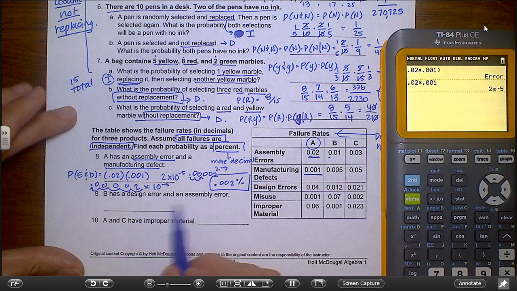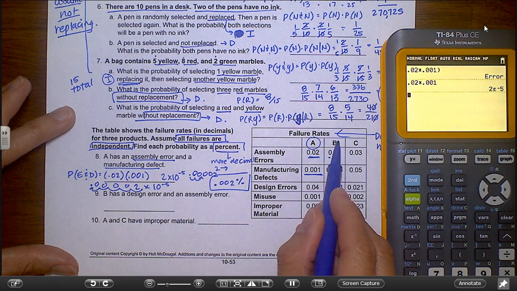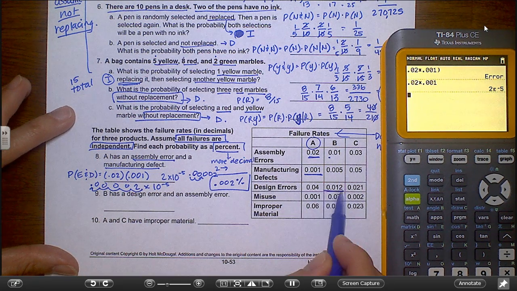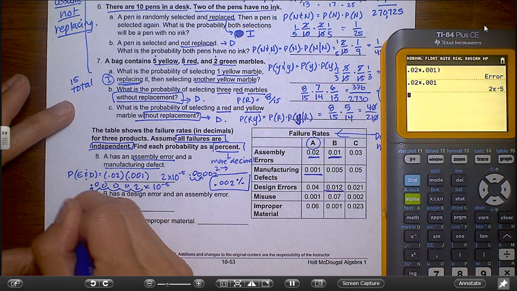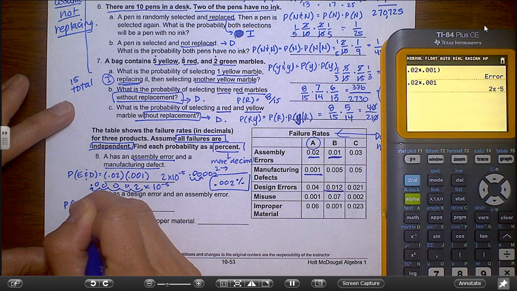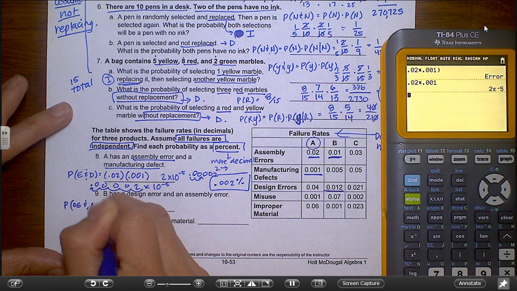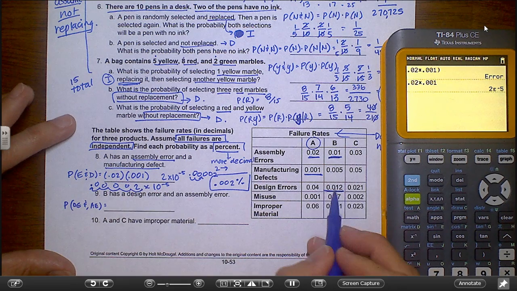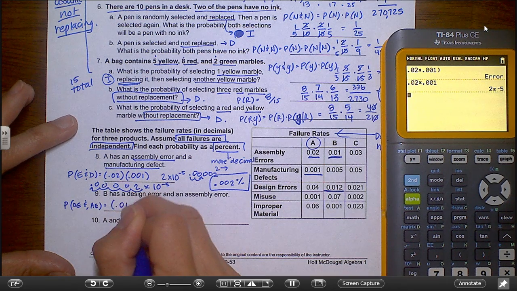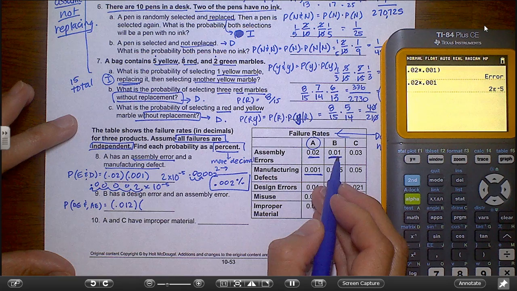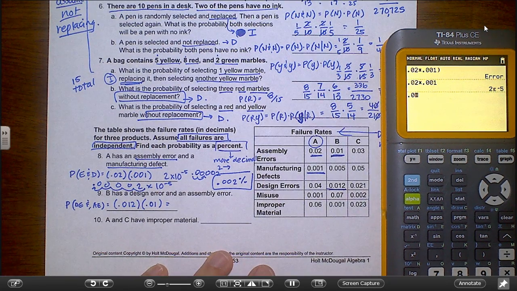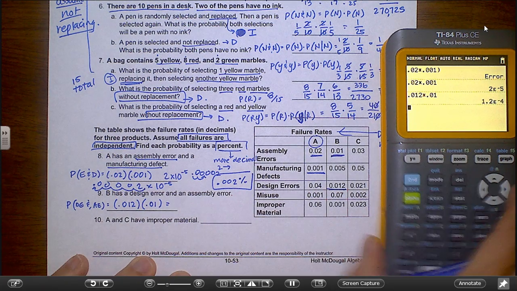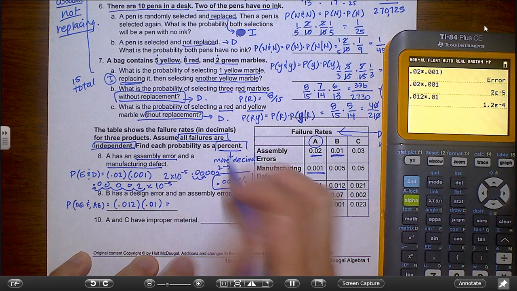B has a design error and an assembly error. So P of design error and assembly error. Design error is 0.012 and then assembly error is 0.01. So 0.012 times 0.01 is, again, 1.2 e negative 4.